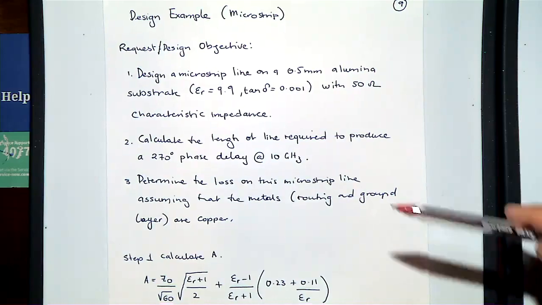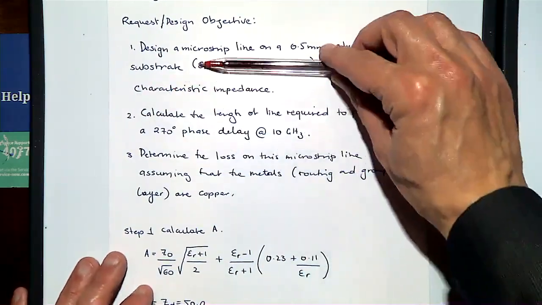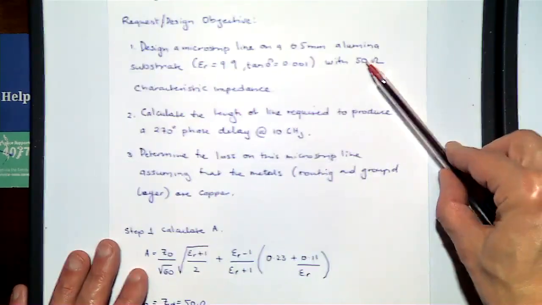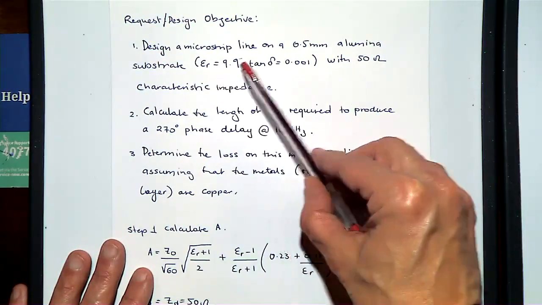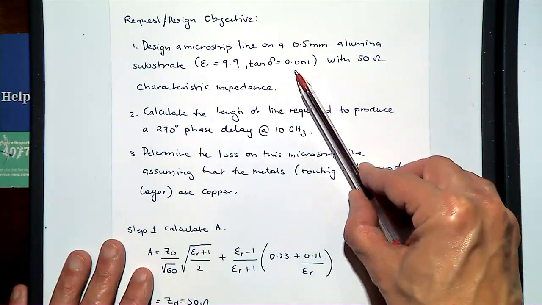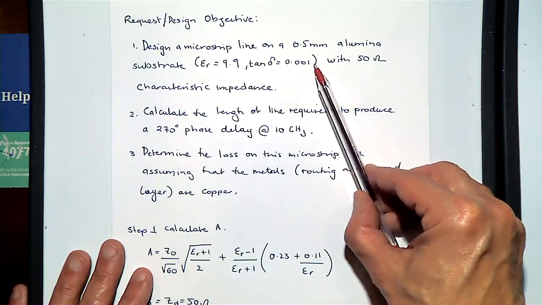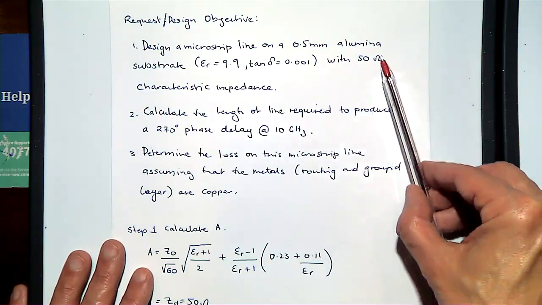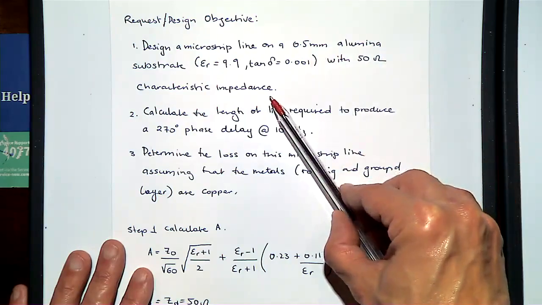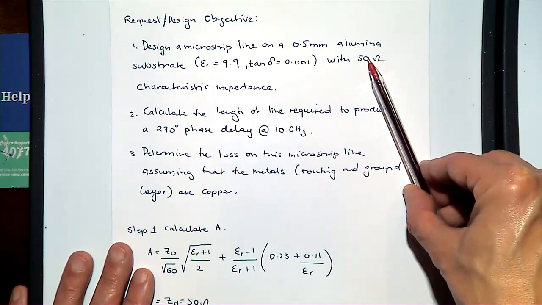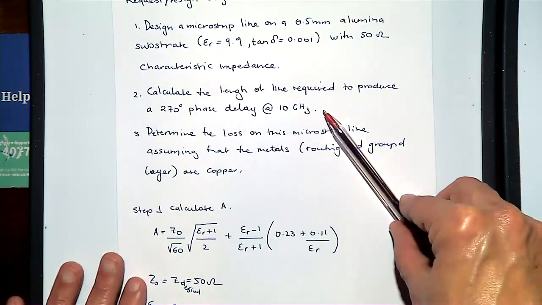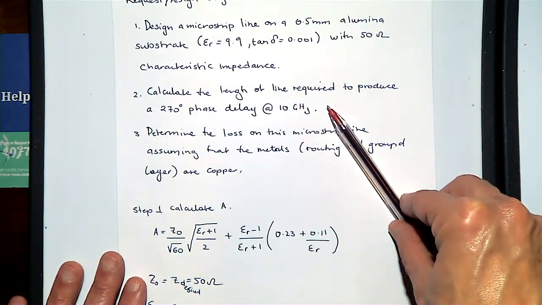Anyway, somebody might say to you, design us a microstrip line on a particular alumina substrate. This substrate has a relative dielectric constant of 9.9, a loss tangent of 0.01, and we want to design something that has a characteristic impedance of 50 ohms. And then they might ask you, what we want is a 270 degrees phase delay.